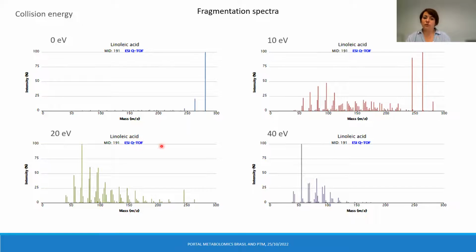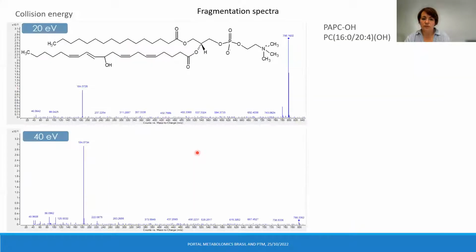So when planning your MS analysis, always try to predict which collision energy you want to use. If you have no idea at the beginning, just stick to the numbers provided by the library, so either 10, 20, or 40 electronvolts, because in this way it will also be easy to compare your fragmentation spectra with those available in the databases.